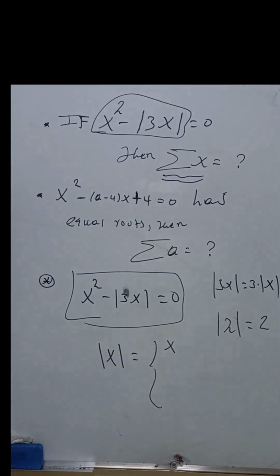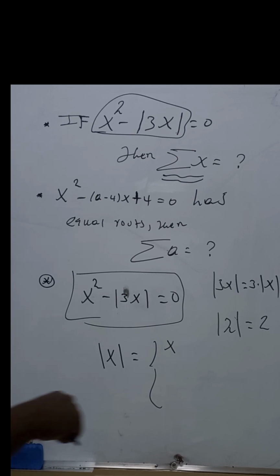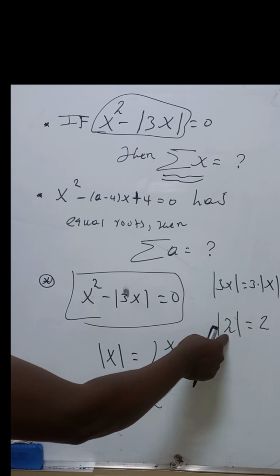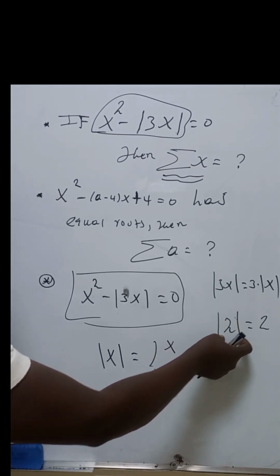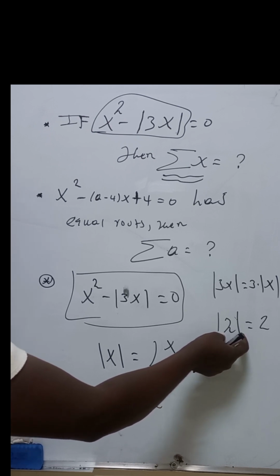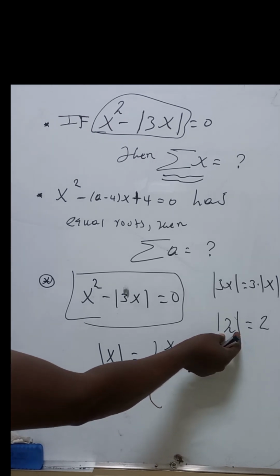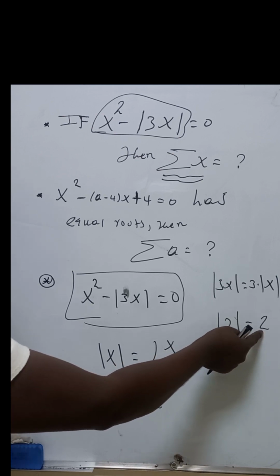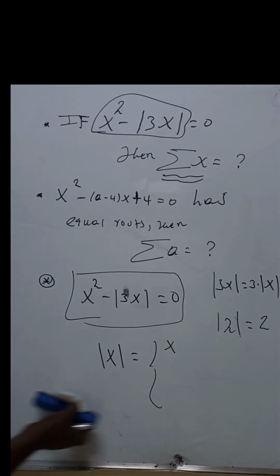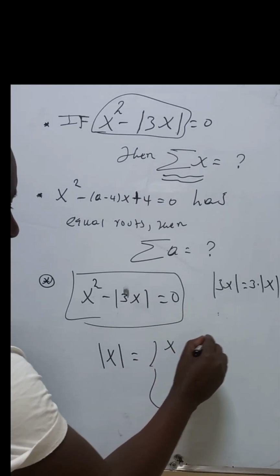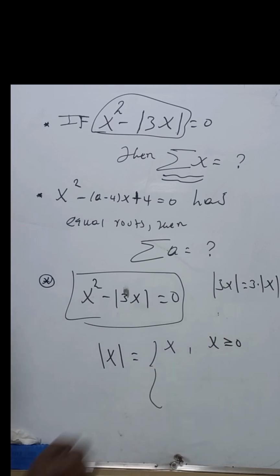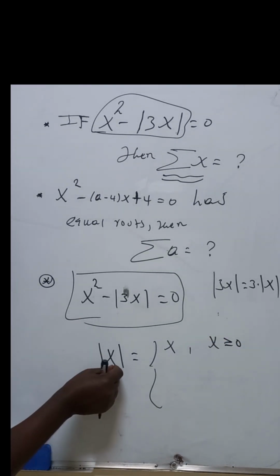The meaning is the distance from the origin to the point 2, which is exactly 2. We can write it this way because there is no negative measurement. So now the modulus of x will be x if x is greater than or equal to 0. If this value is 0, the modulus will be x.